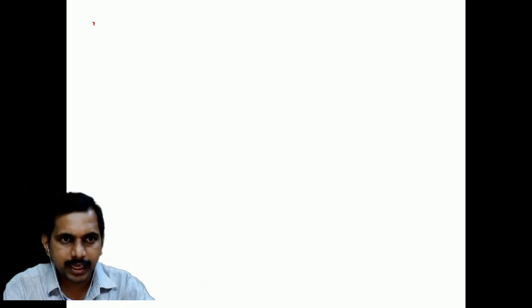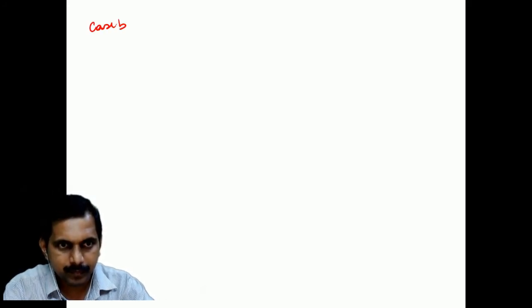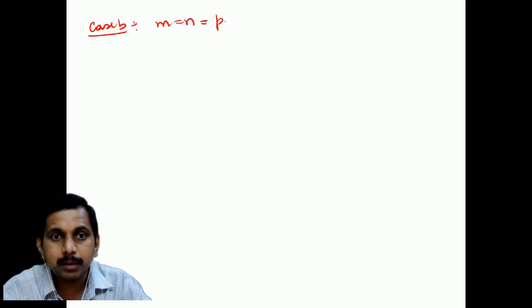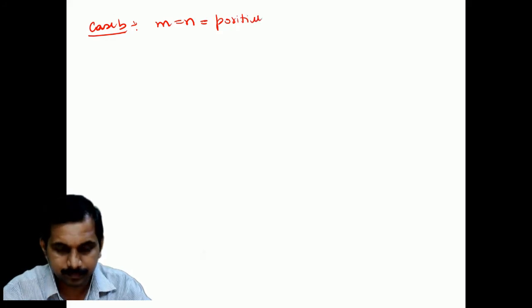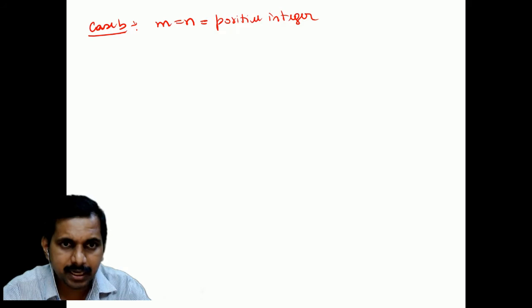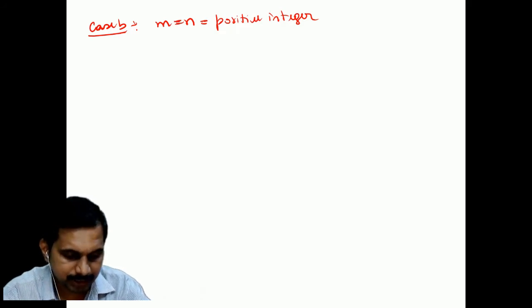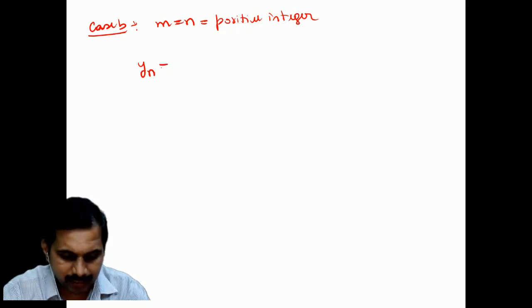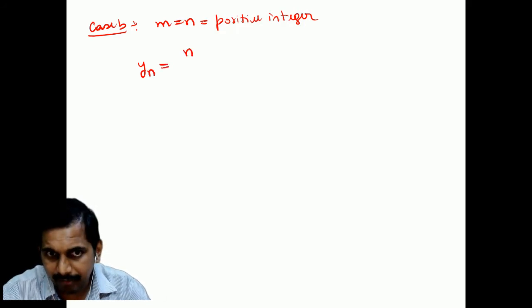Case B is m is equal to n is equal to a positive integer. That means m is equal to n and it is a positive integer. Both are positive integers. Then what happens? yn is equal to n factorial.